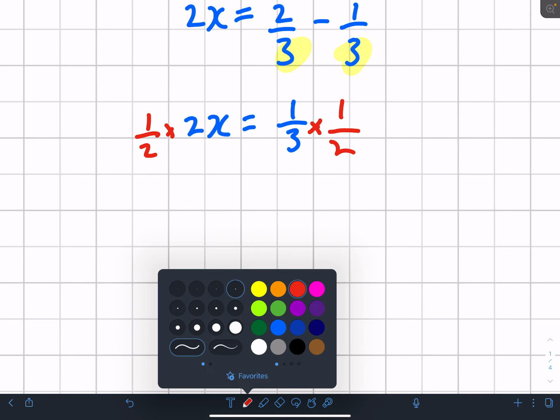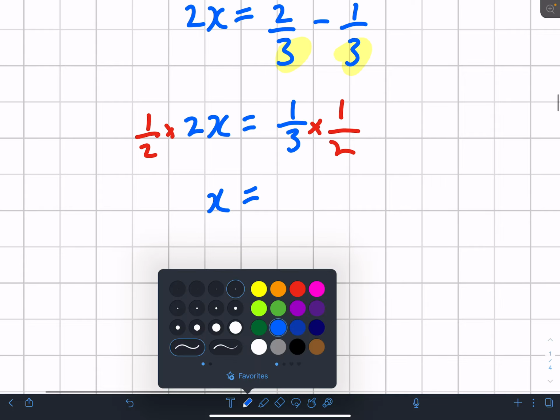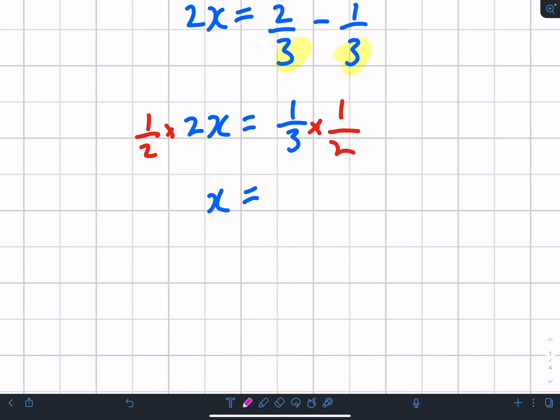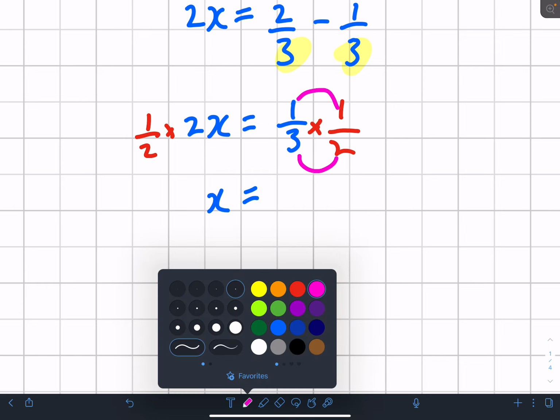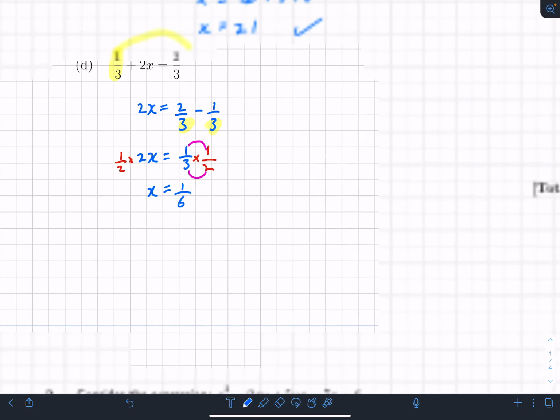Okay, and so that will give us, on the left, x, and on the right, be a little bit careful with that, it's 1/3 times 1/2. If we look at multiplying fractions, on the numerator it'll be 1 times 1, and on the denominator it would be 3 times 2, and so that gives us 1/6.